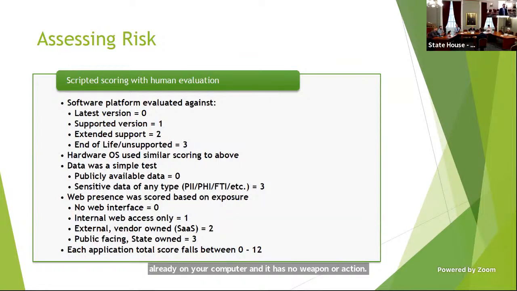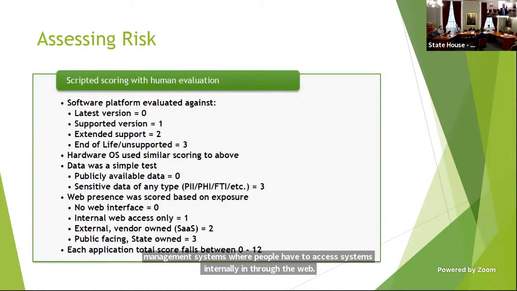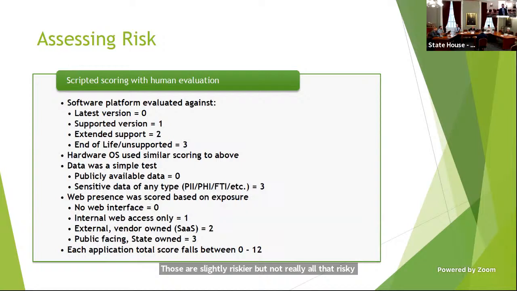We have systems, our SharePoint system or content management systems, where people have to access systems internally and through the web. Those are slightly riskier, but not really all that risky as long as they're still internal. And then our top two categories are external vendor-owned hosted sites, and the highest level of risk are public-facing state-owned sites, Vermont.gov's, state.vt.us sites, where we are responsible for the traffic that comes directly into that box.